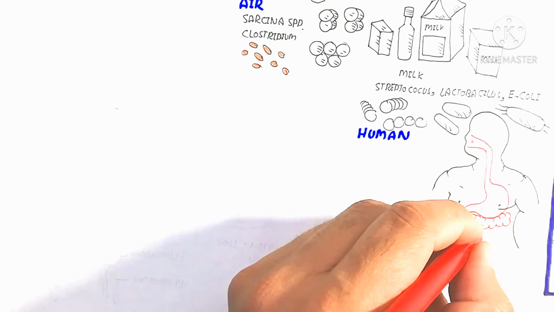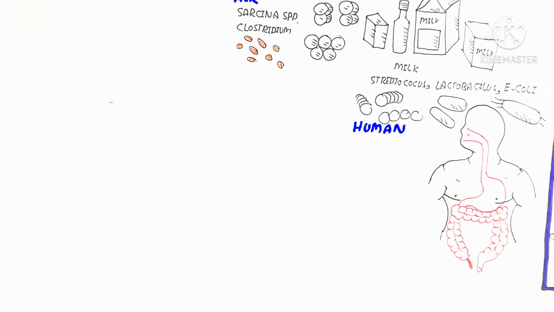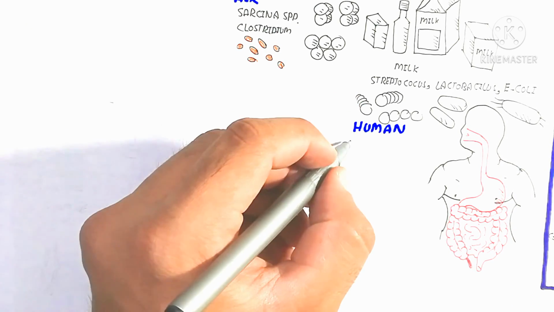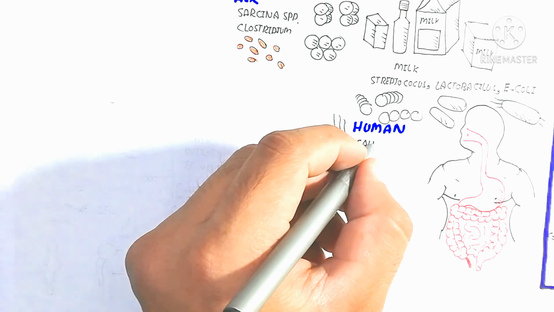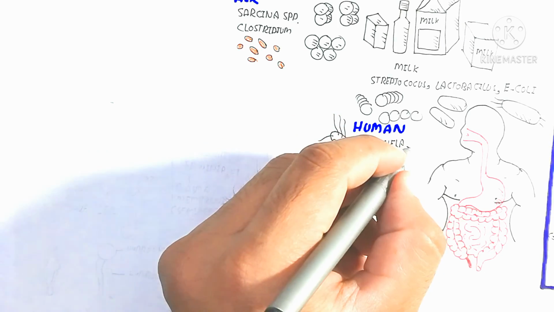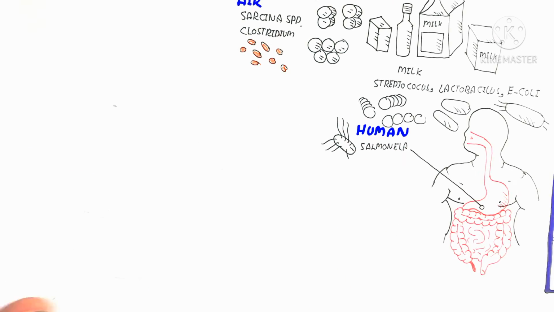Here is the human, which also contains bacteria, some infectious as parasites and, on the other hand, helpful microbiota in our gut.